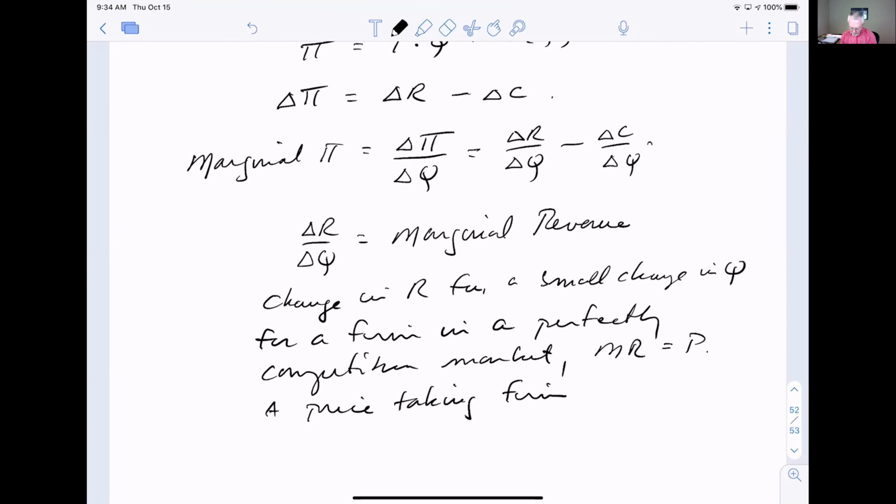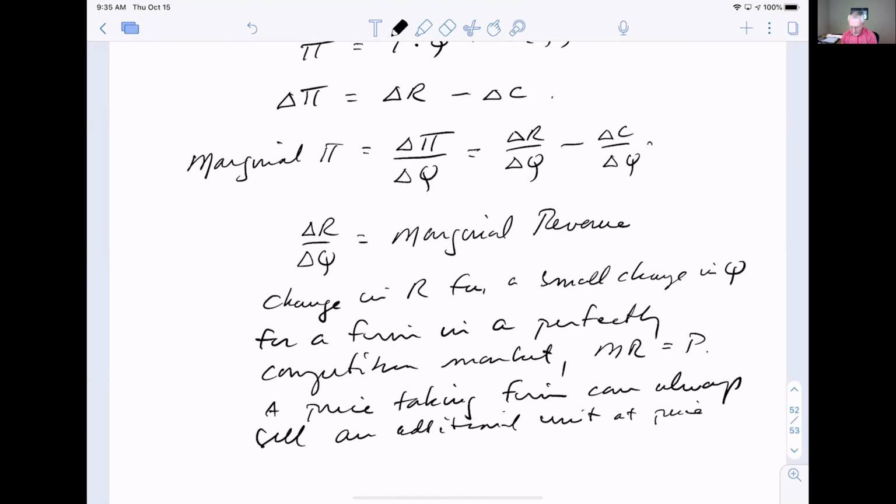So a price-taking firm can always sell an additional unit at price P, the prevailing market price, whatever exists.